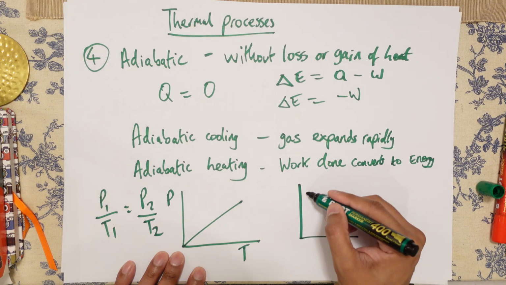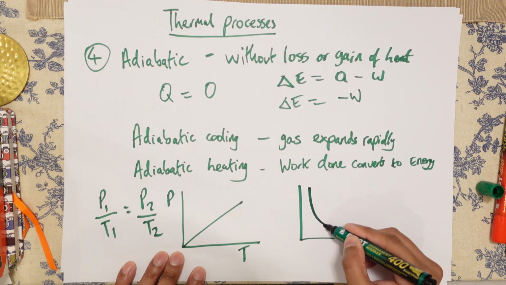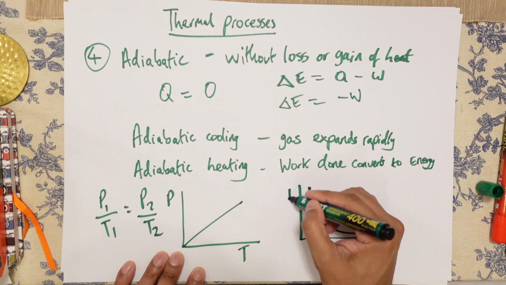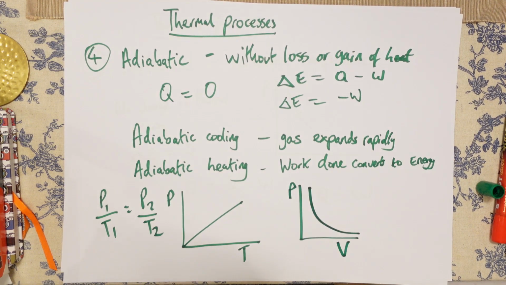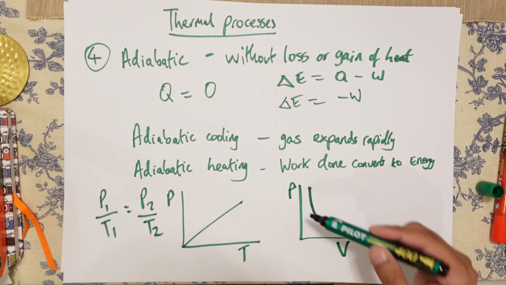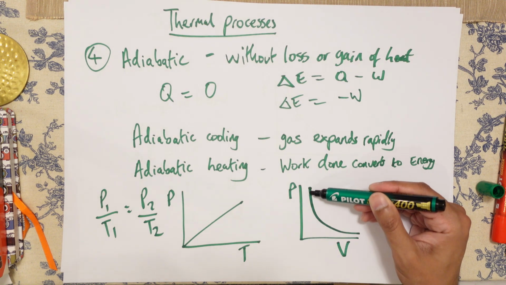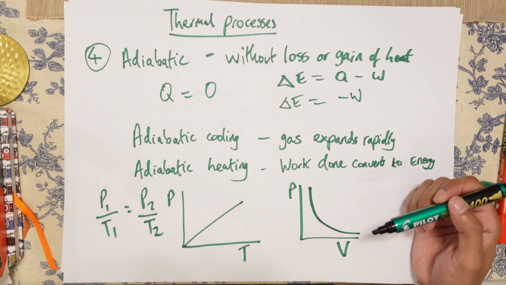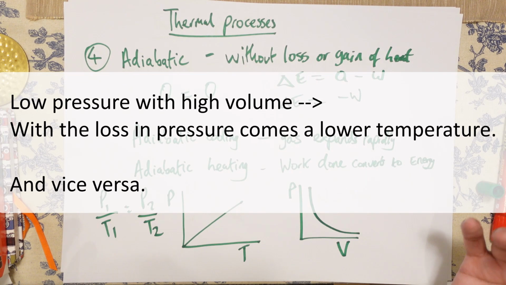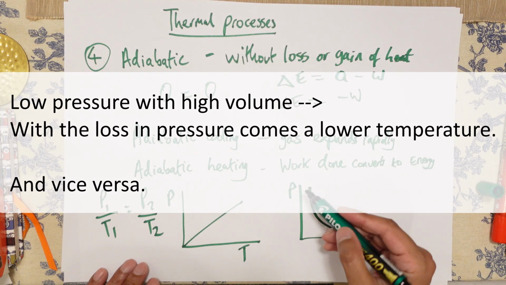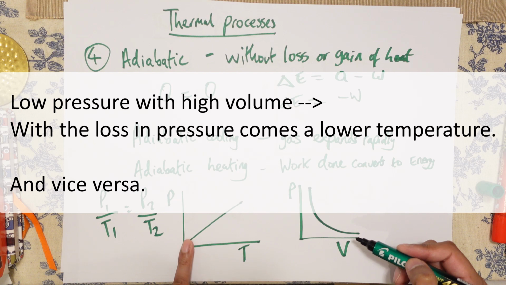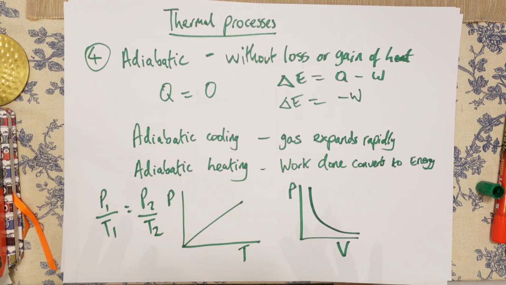We can also combine it with this. It becomes a very steep hyperbola with your PV graph, right? So as the pressure gets higher, basically the temperature gets higher. That's more or less what's going on. Or as the pressure gets lower, the temperature gets lower as well. So that's adiabatic cooling and heating.